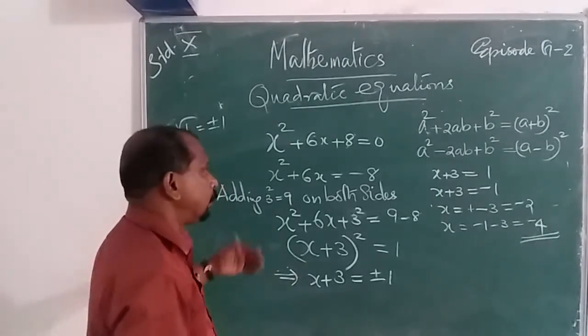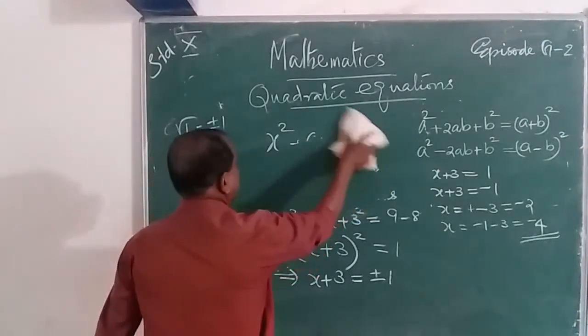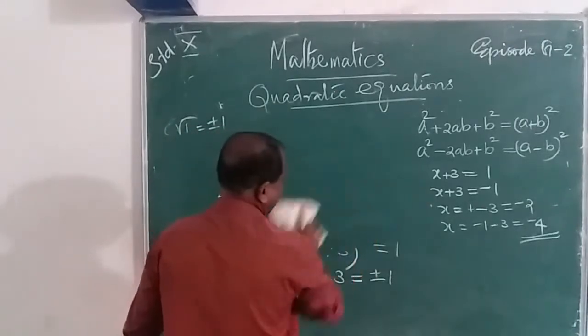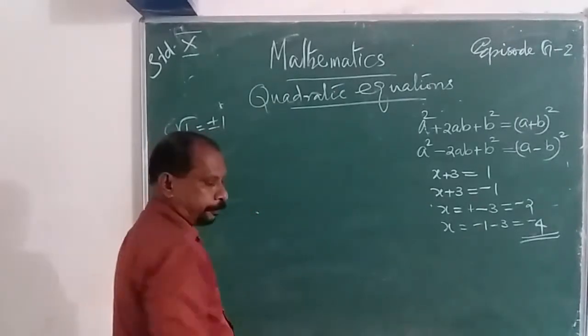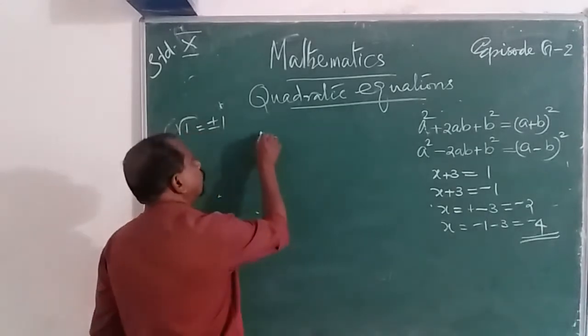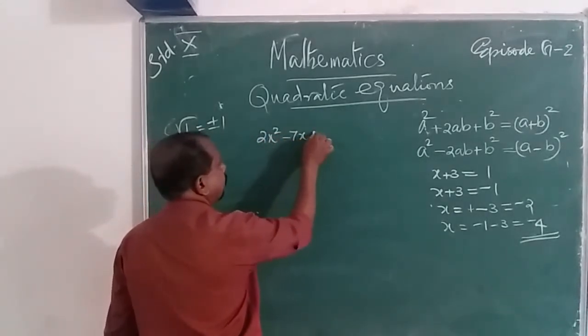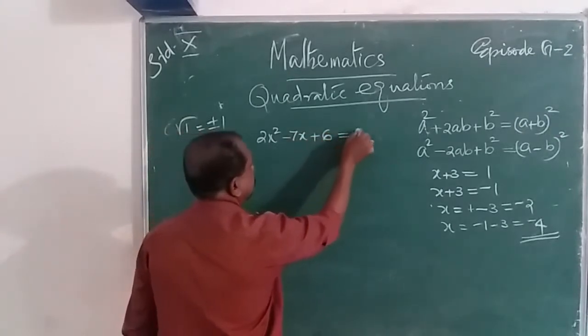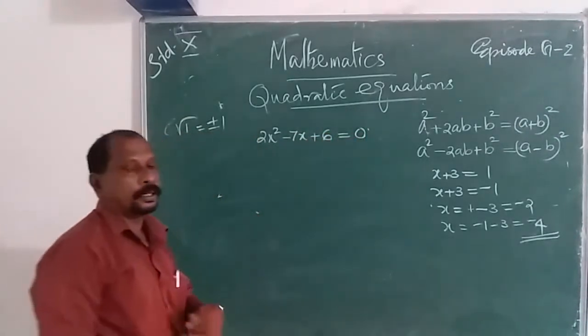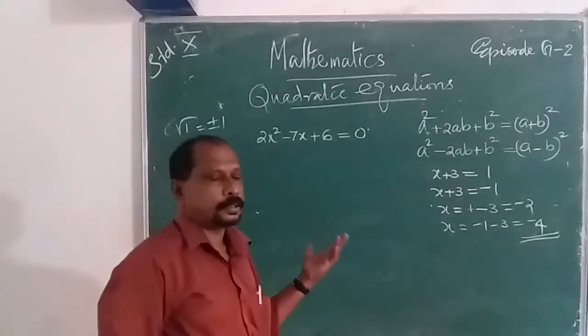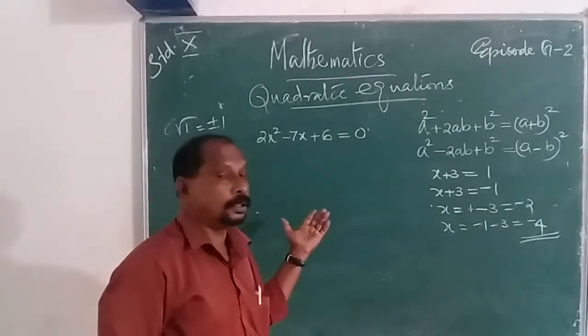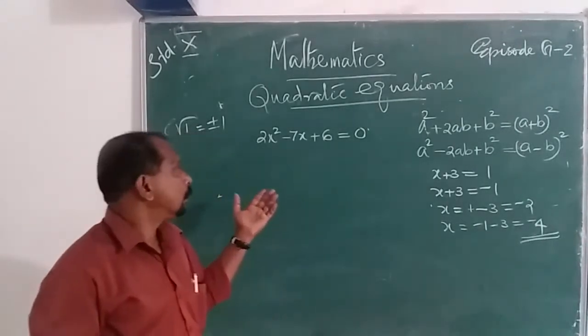Okay? Then there is another example to complete the square. That means 2x square minus 7x plus 6 is equal to 0. This is the quadratic equation. We can factor that one, as we know from the earlier classes.